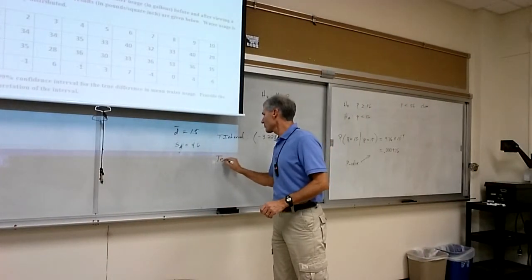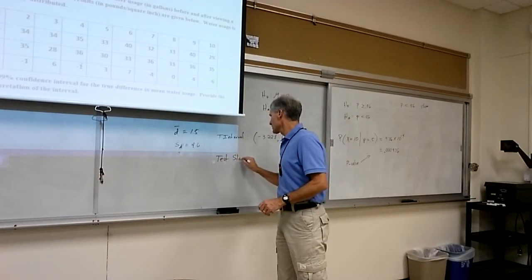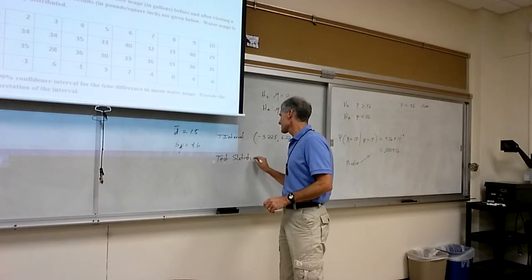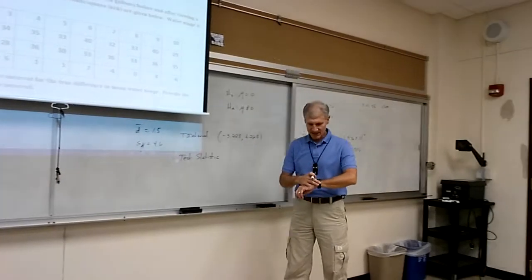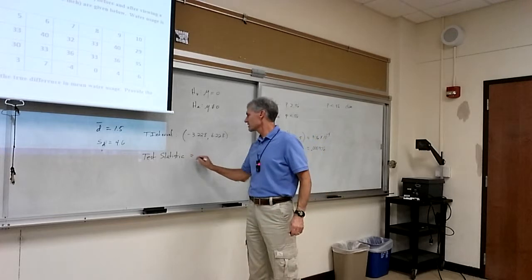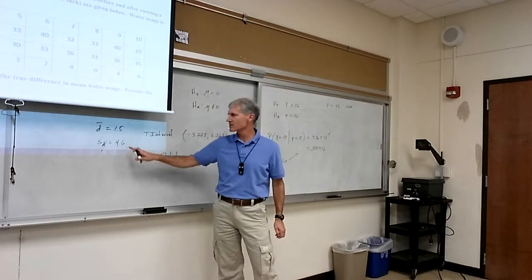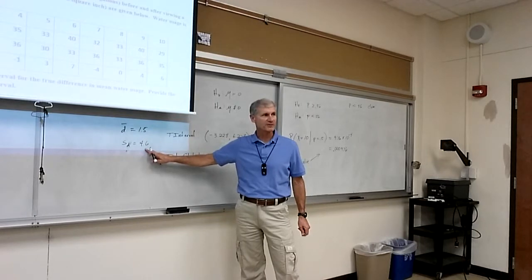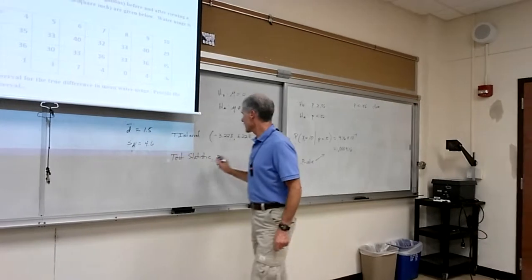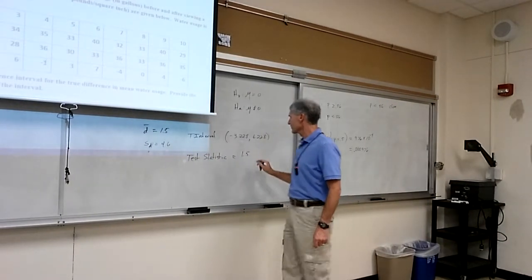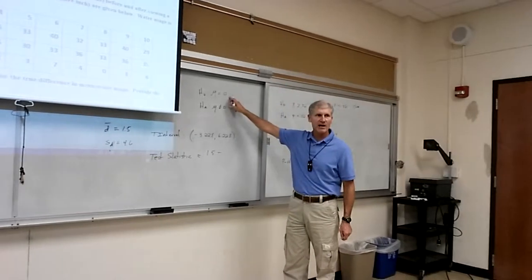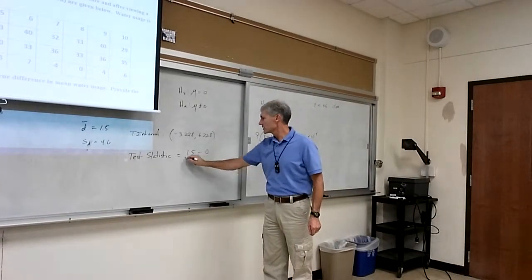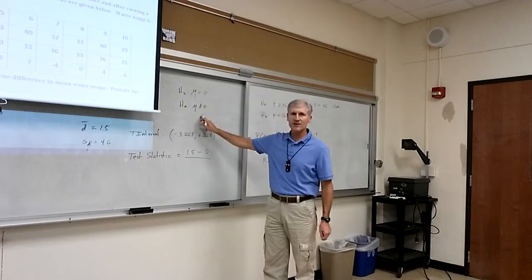Right? So the way a hypothesis test works is you compute something known as a test statistic. And a test statistic is the number of standard errors that your sample data is away from the null hypothesis. The sample data is 1.5 minus the null hypothesis, which is 0, divided by the standard error.